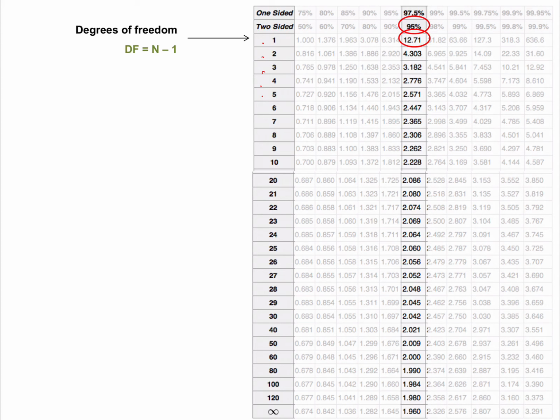Look, if you have only 2 values in your sample, well, first of all, never do that, but still, if you have only 2 values, you should go 12.7 standard errors from the mean. 12 instead of 1.96. But if you have at least 3, then it's already 4.3. Still a large value, but not 12. And then if you have, for example, 10, it looks pretty reasonable. It's 2.23. So it's not that far from 1.96.